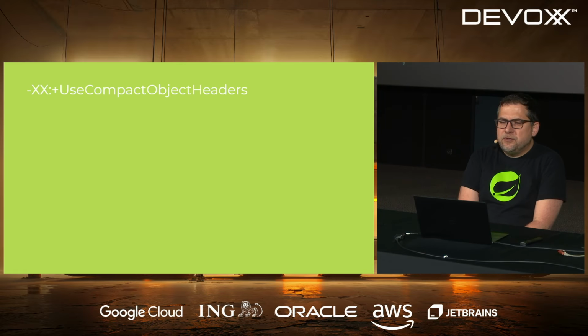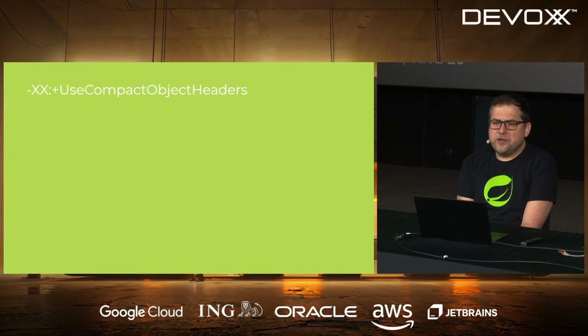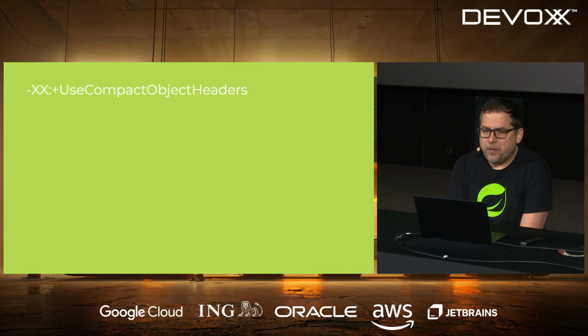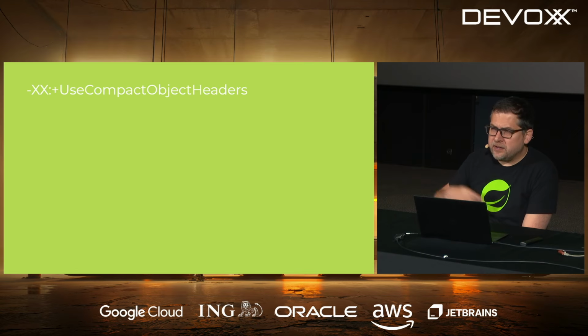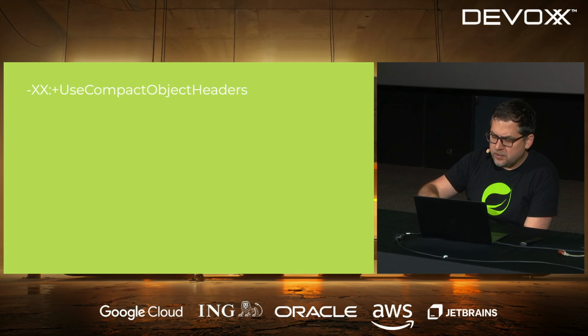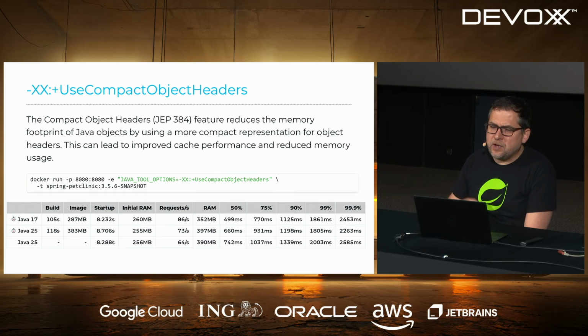Now, Java 25 introduced a feature called compact object headers. You probably have heard of that. At the moment, as you realize, we're just playing with parameters in the JVM. With UseCompactObjectHeaders, you can reduce the size of an object's header, so it's smaller.